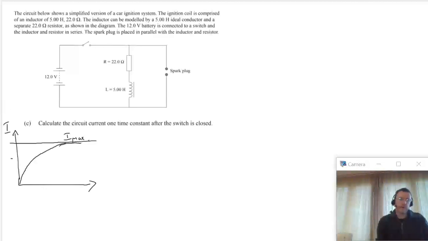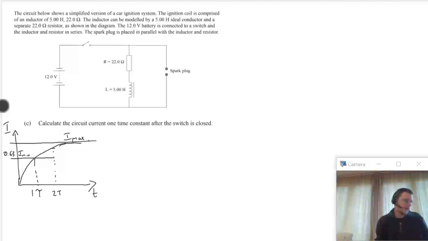And if we remember our graphs correctly, there's a point here, 0.63 of the way to Imax, and this is reached after one time constant. And then, if we went 0.63 of the way from here to here, this would be our 2 time constant.